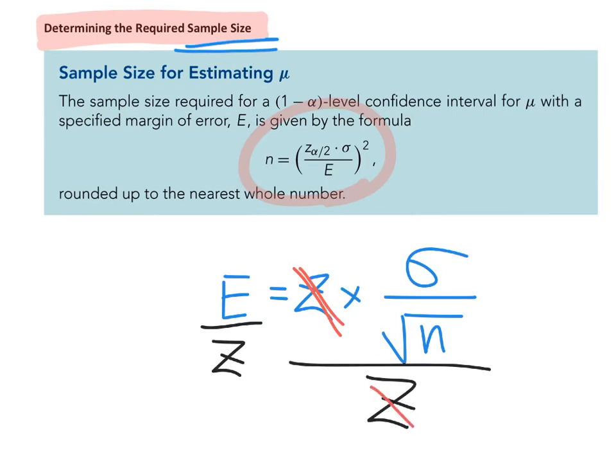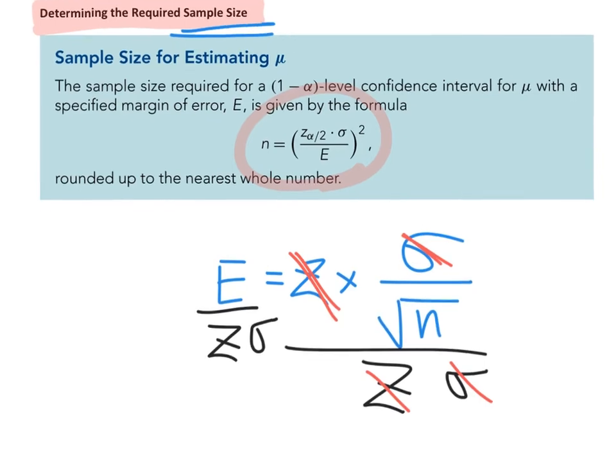Does it make sense? If I want to delete the sigma also, it's the same thing. Divide by sigma on both sides, and now I can cancel out the sigma.